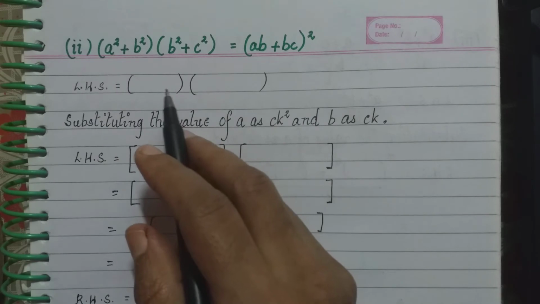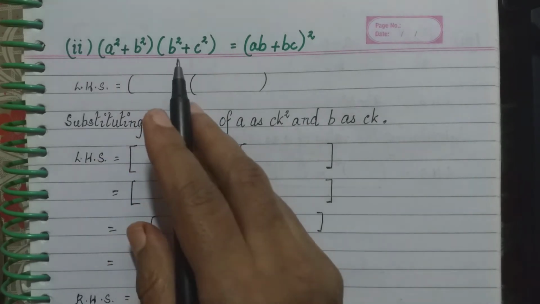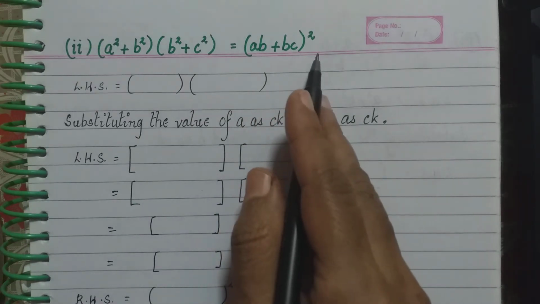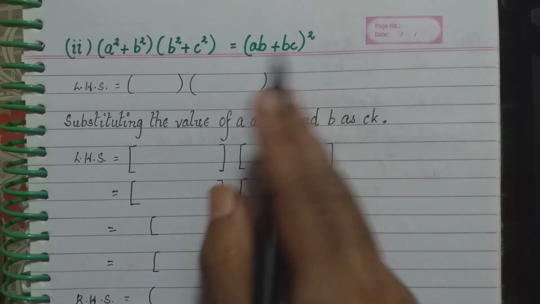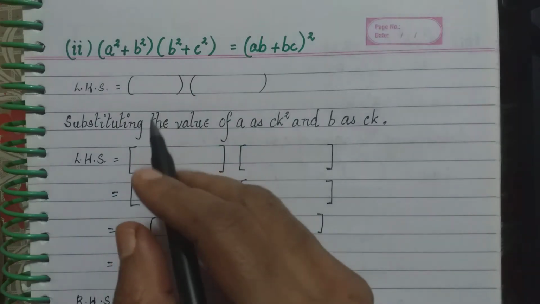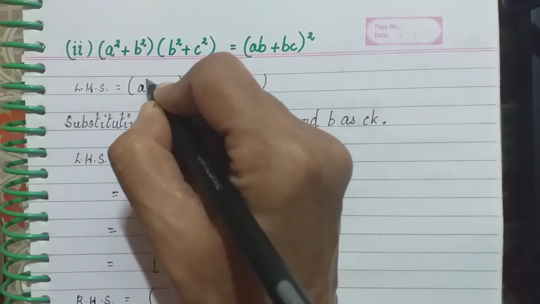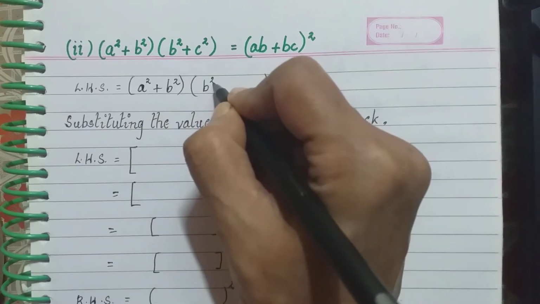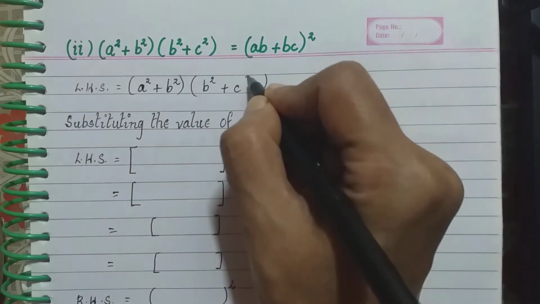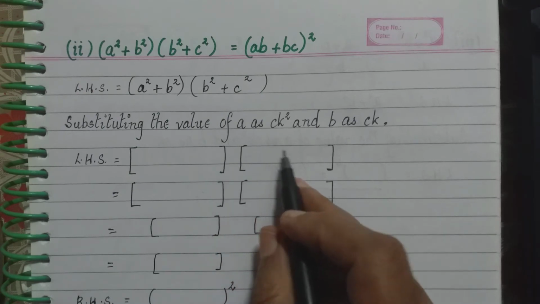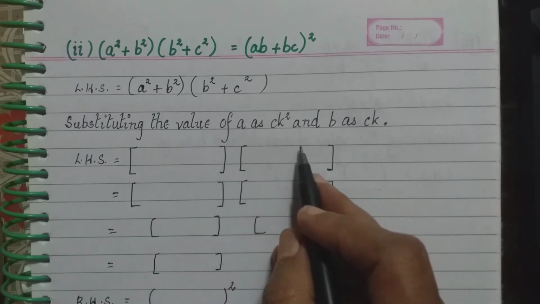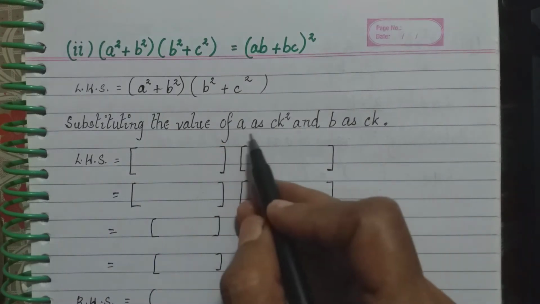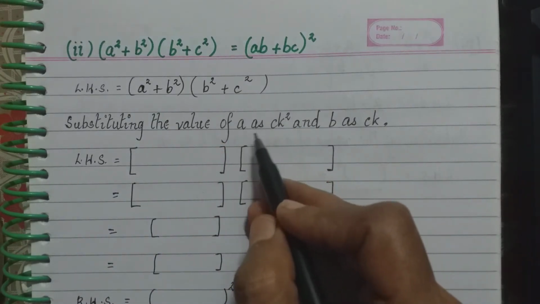Going to the second sub question, a square plus b square into b square plus c square equal to ab plus bc the whole square. So first we write the left hand side. Left hand side is a square plus b square into b square plus c square. Now we have to substitute the value of a as ck square and b as ck. So in place of a, I write ck square.